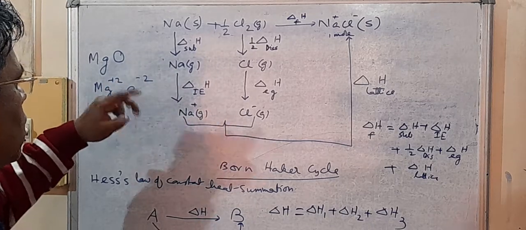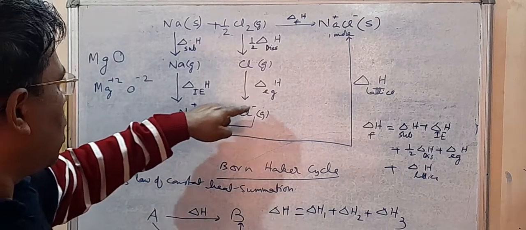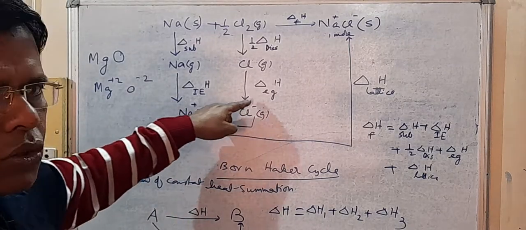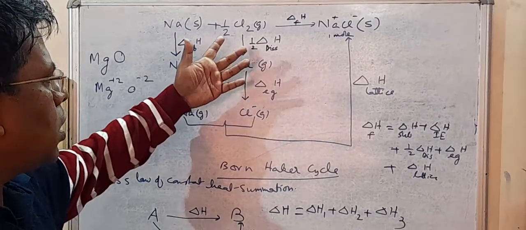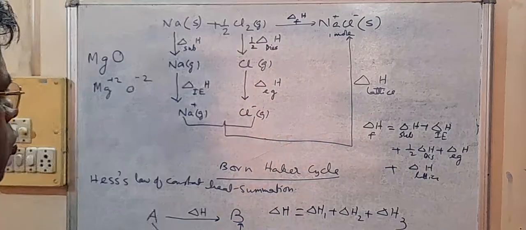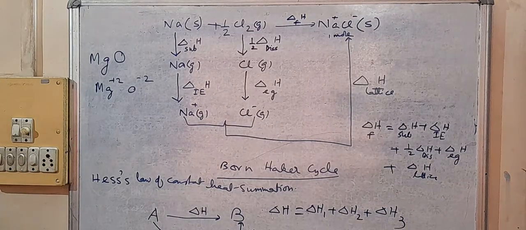Similarly, since O is minus 2, there should be two electron gain enthalpies, first and second. Those steps should be there. So this is what is known as the Born-Haber cycle.